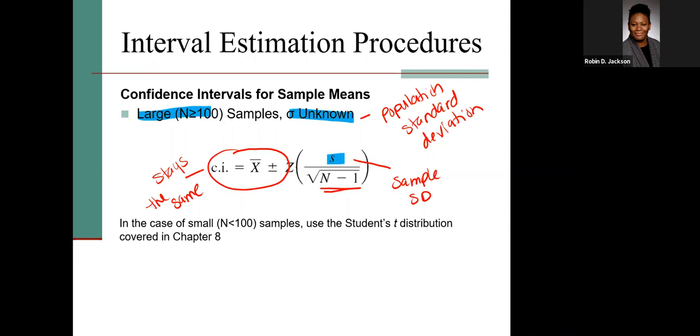Now, this note down here at the bottom: you may be thinking ahead and asking, what happens when you have a small sample, less than 100 cases, and you don't have the population standard deviation? That's a totally different situation, and we'll start to deal with it in chapter 8. That's when you would use a totally different distribution that hasn't been introduced to you yet.